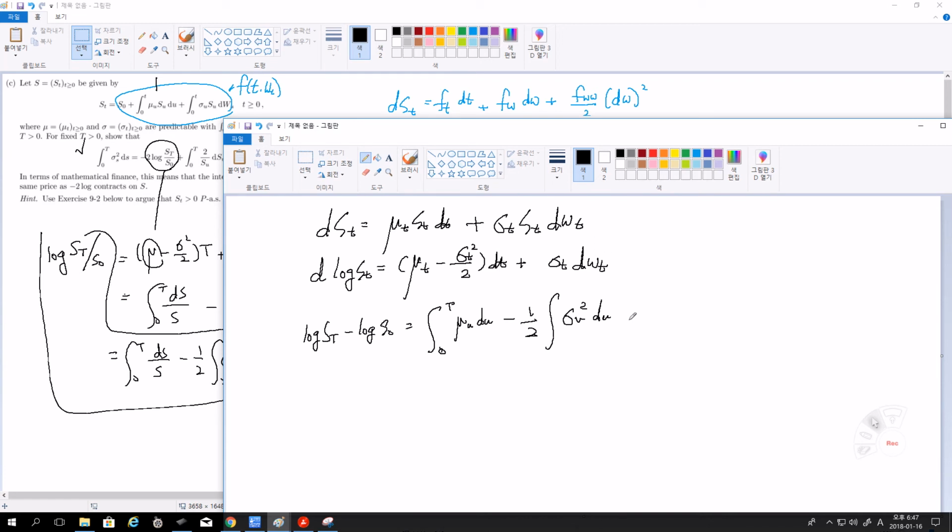So basically what I did is the integral from 0 to T of σ_s dW_s, right? I derived this one.